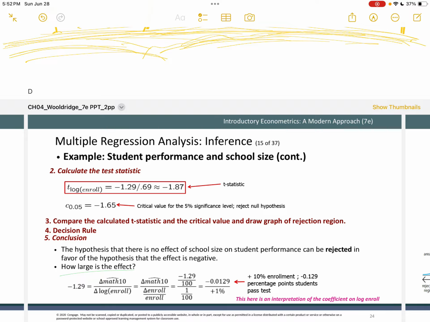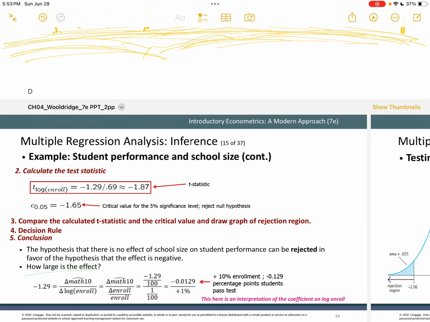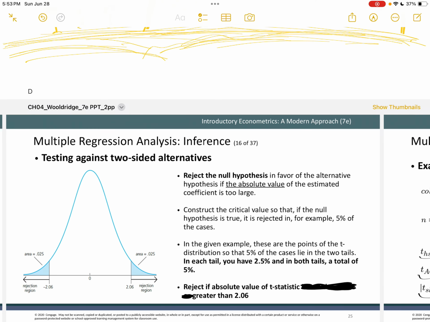We take our beta, negative 1.29, divide by 100, get negative 0.0129, and say for every 1% increase in enrollment, math scores will fall by 0.0129%, or for every 10% increase in enrollment, math scores fall by 0.129%. You see, and that is statistically significant at the 95% confidence level.